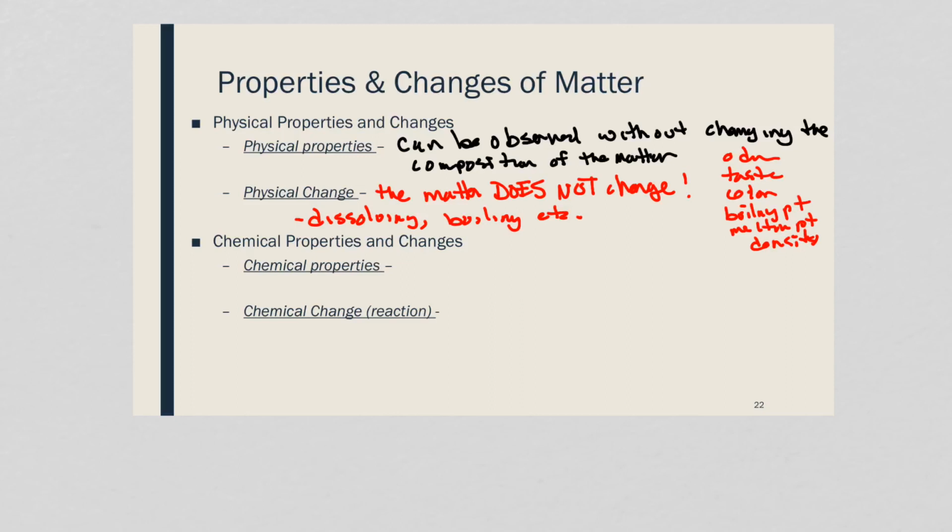Now, chemical properties and changes are essentially kind of the opposite, right? Chemical properties, let's use a different color here. Chemical properties can only be observed by changing the composition.